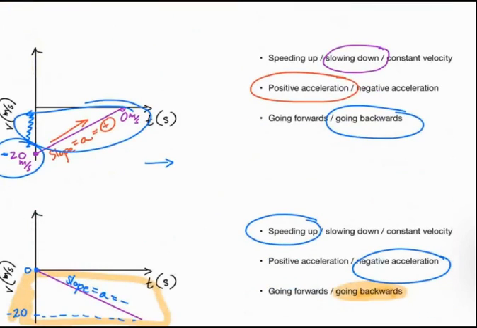Again, for this one, I had an object with a positive acceleration and a negative velocity because I was going backwards. Well, these are in opposite directions. And when they're in opposite directions, they end up canceling each other out and it causes you to slow down.